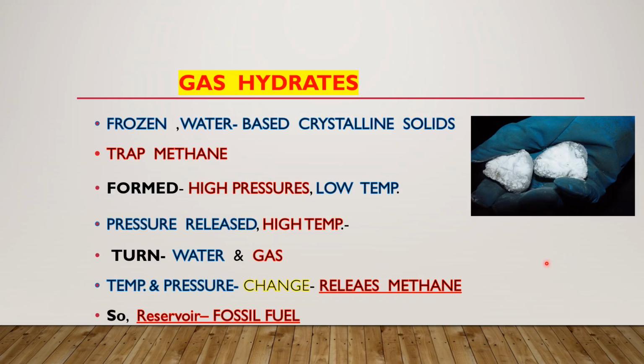Next, let's move on to a very novel technology in recent days, that is gas hydrates. These are the gas hydrates, as you can see, frozen water-based crystalline solids that trap methane. They form due to high pressure and low temperature, and they actually trap the methane. It's a reservoir for fossil fuels.